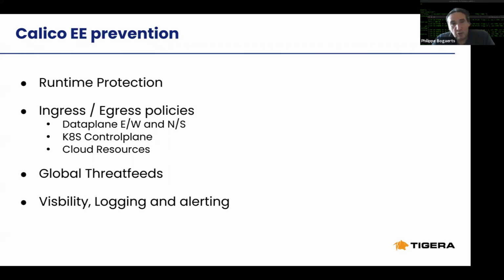And you should look at Calico Enterprise, or Calico itself, as what we typically call runtime protection. Runtime protection is a broader topic than only Calico, but Calico can help you when pods or applications are in production. So it's not during the build phase of an application, but really when you go live.